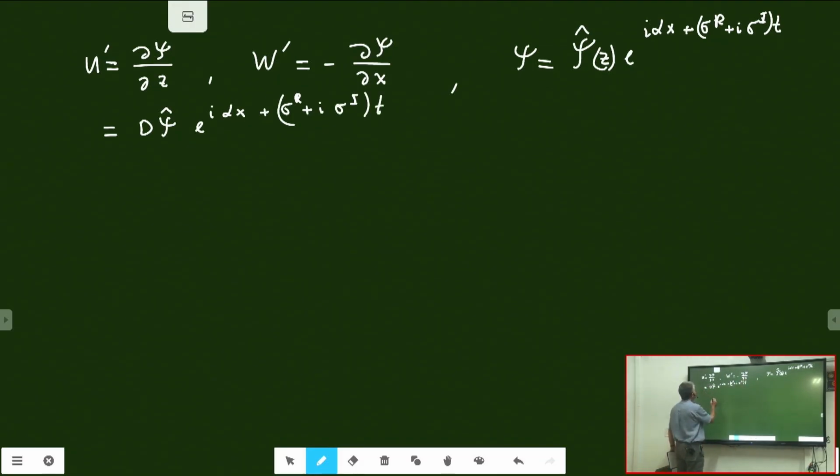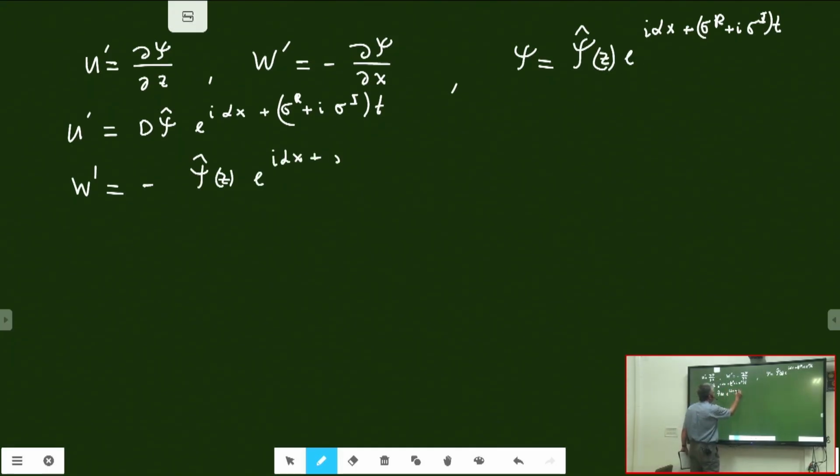And what can we say? So this is U prime. And what about W prime? It is minus, what is it? You differentiate that, so psi hat of z is still there, it is not going to change. Then it will be e to the power i alpha x plus sigma r plus i sigma i multiplied by t. And when we differentiate with respect to x, we will get i alpha, right?